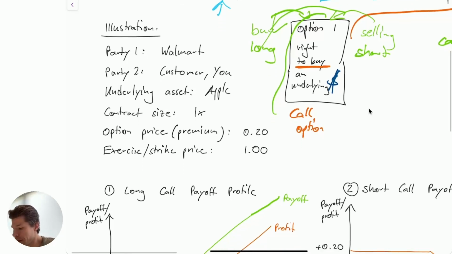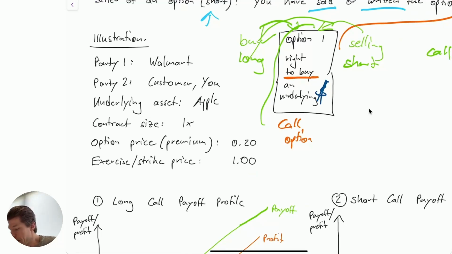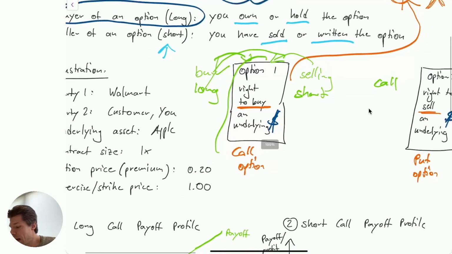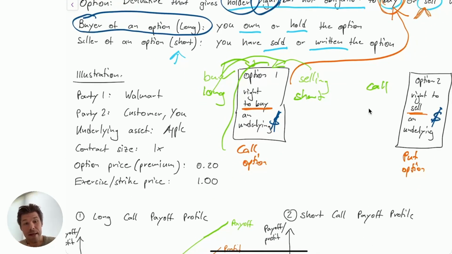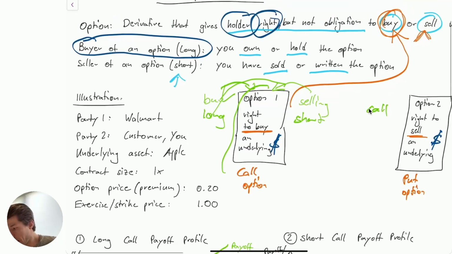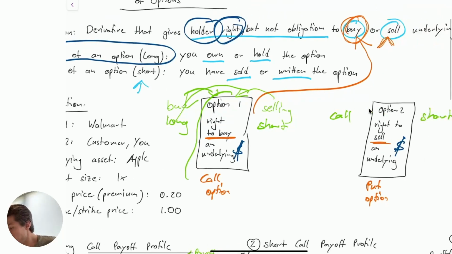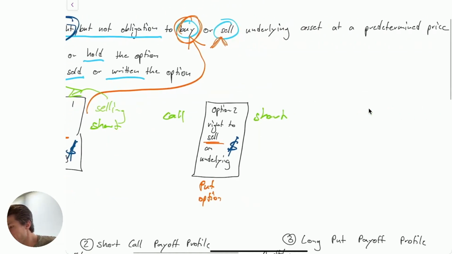There are two different prices when we look at options. The first one is the exercise price. This is basically the price that you are allowed to buy or sell the apple for. It gives you the right to sell the asset at a predetermined price.